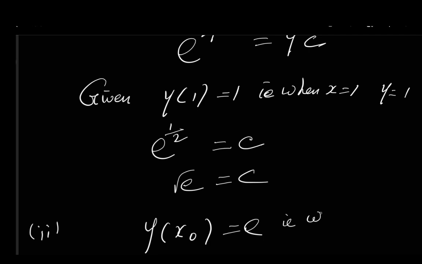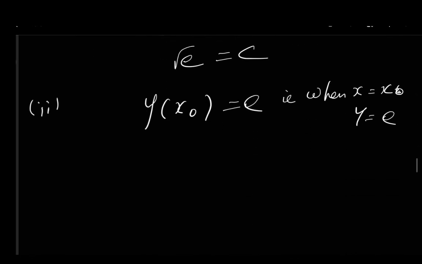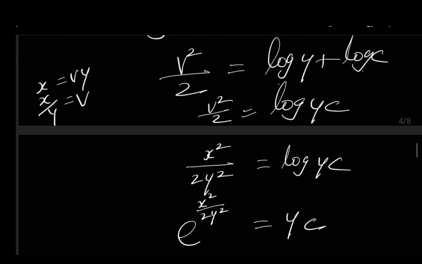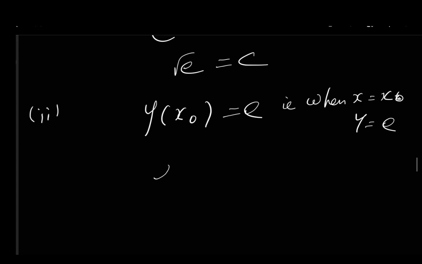That is when x equal to x naught, y is equal to e. Now replace in the equation x as x naught and y as e. So you will get on the left side e power 1 by 2 x naught square by e square is equal to yc, that is e.